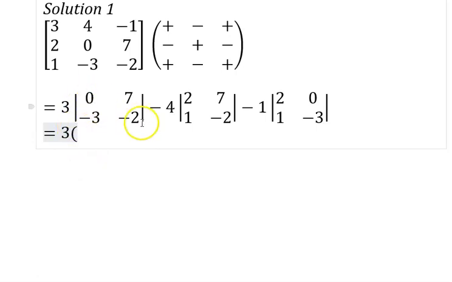Okay, let's go. 0 times minus 2. Because of our time, let's just be multiplying straight up, but be careful while doing that so that you don't make a mistake. 0 times minus 2 gives us what? 0. Anything times 0 is 0. Minus 3 times 7 gives us what? Minus 21.